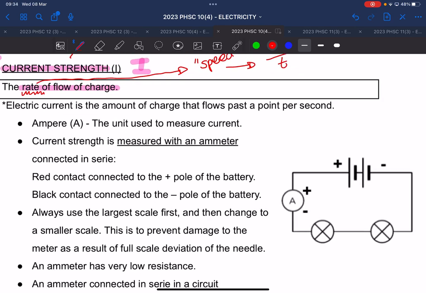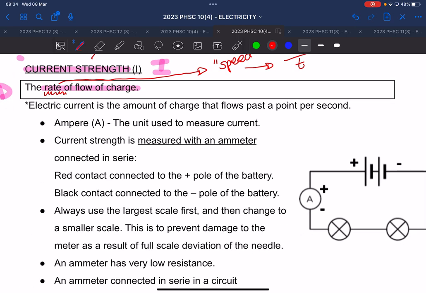Alright, so what is electrical current strength? Another way of thinking about it: it is the amount of charge, like how many flow past a point per second. You know, sometimes there are people who sit next to the road in a chair with a vest on and a booklet, and they count how many cars pass that road. Why do people do that?